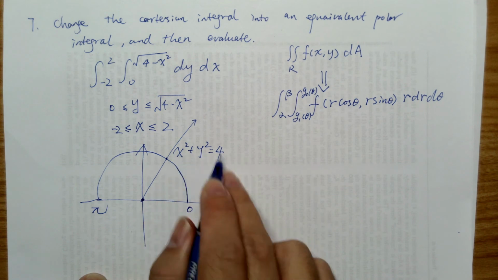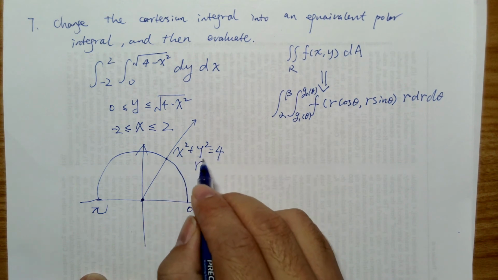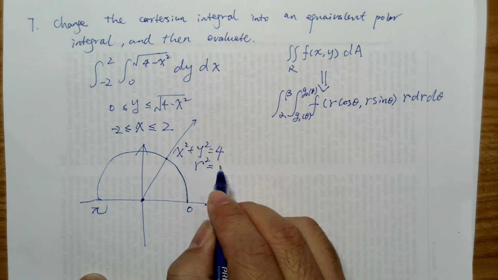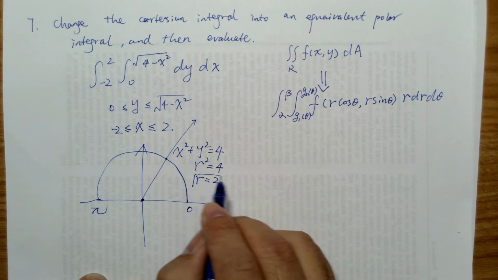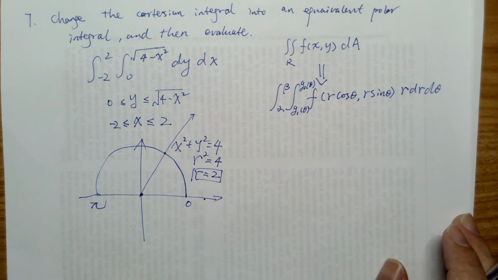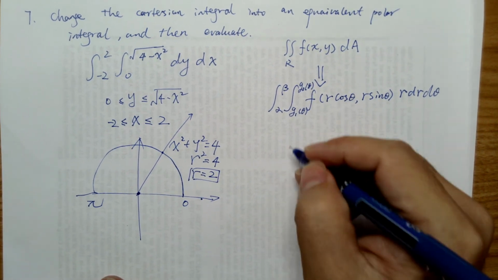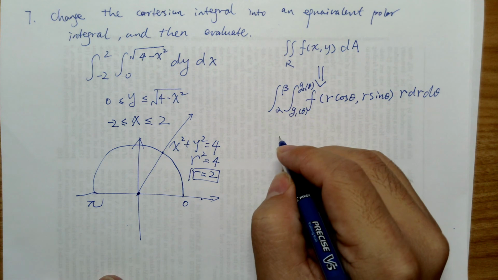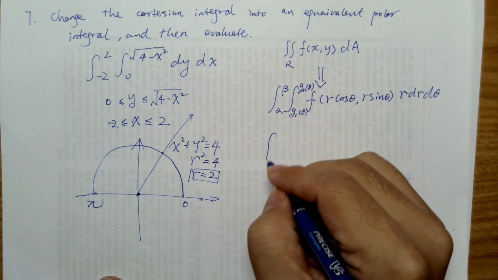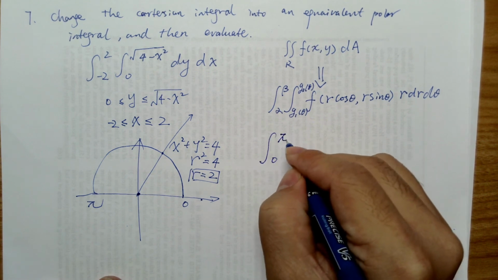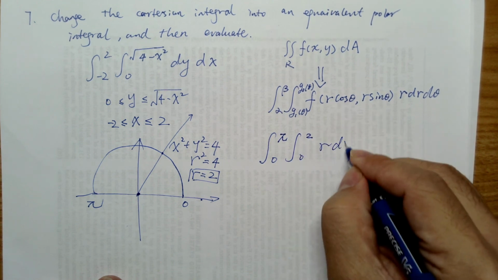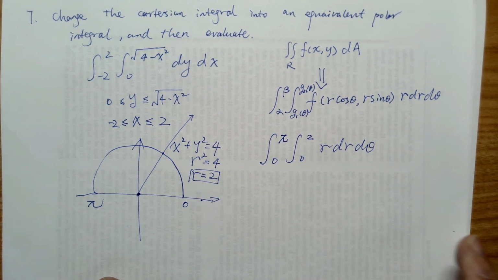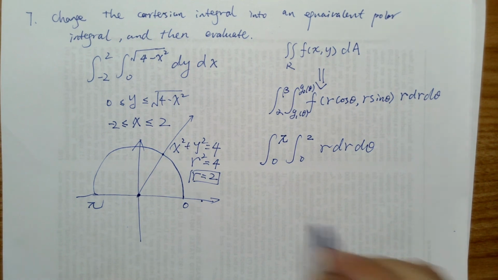If you convert it into polar, that's going to be r squared equals 4. In other words, r equals 2, right? So, putting all these pieces together, the equivalent polar integral becomes the integral from 0 to pi, from 0 to 2, of r dr d theta.